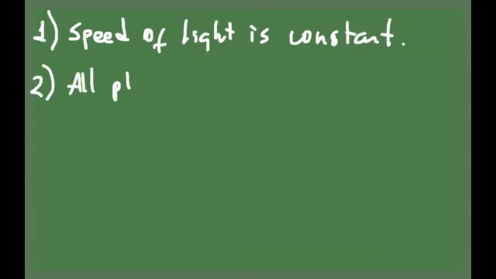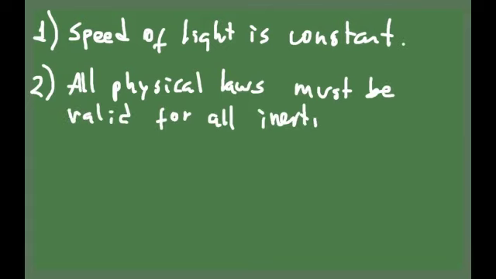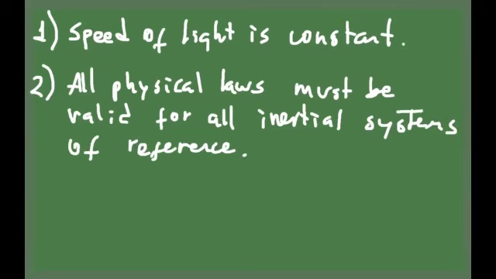So all physical laws, is the second postulate, must be valid in all inertial systems of reference. From postulates 1 and 2, Einstein was able to show that there is time dilation. There has to be time dilation if the speed of light remains constant.